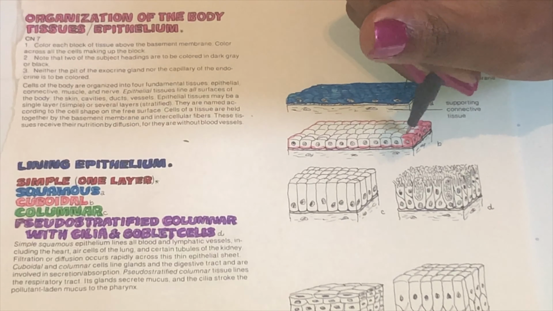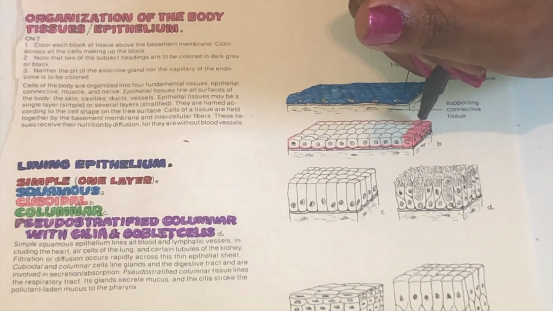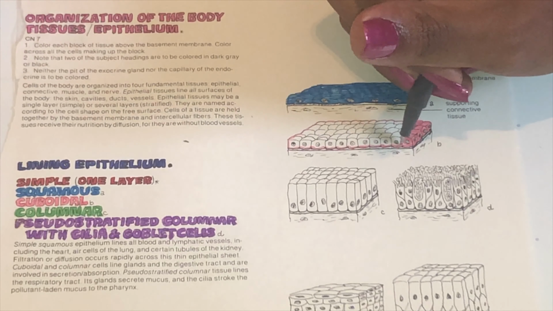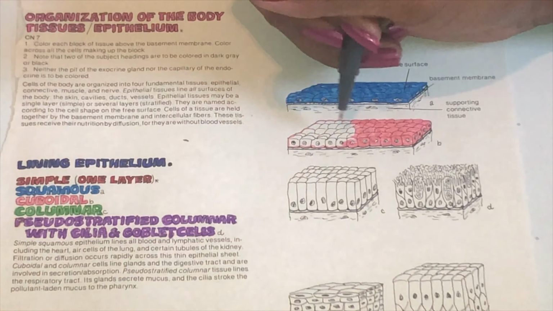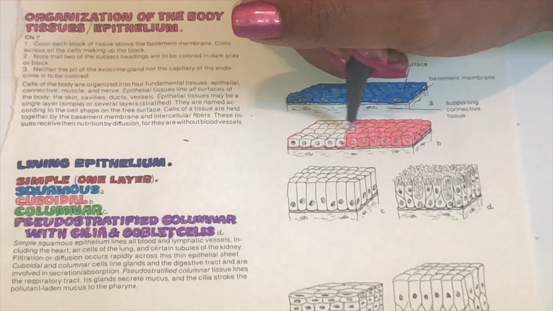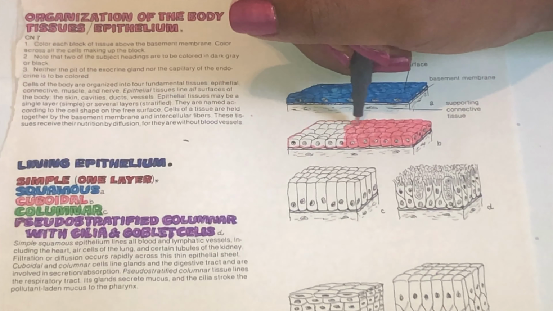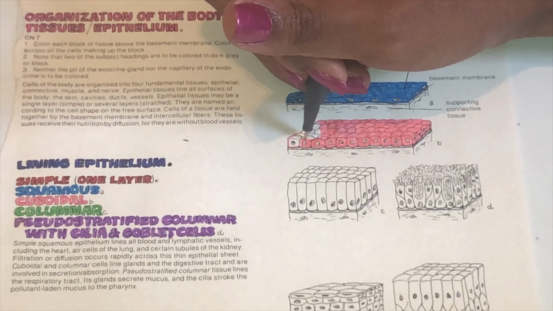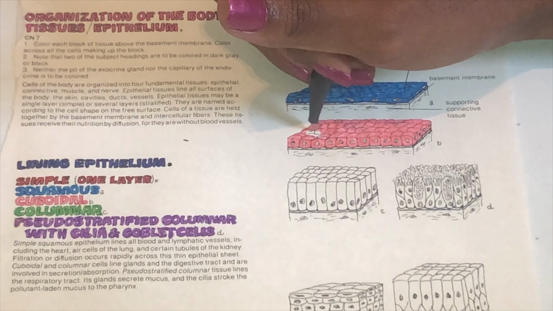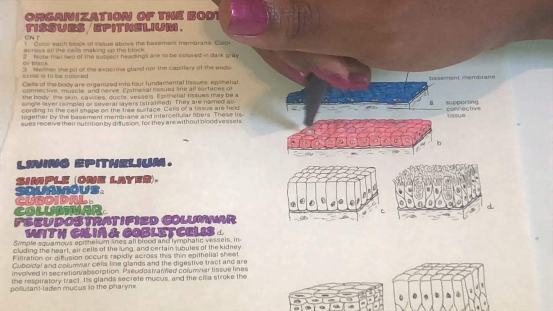Right now I'm coloring in the cuboidal in that pink color. So this layer is the cuboidal. And remember that they line glands and the digestive tract and are involved in secretion and absorption. That pretty cuboidal layer.